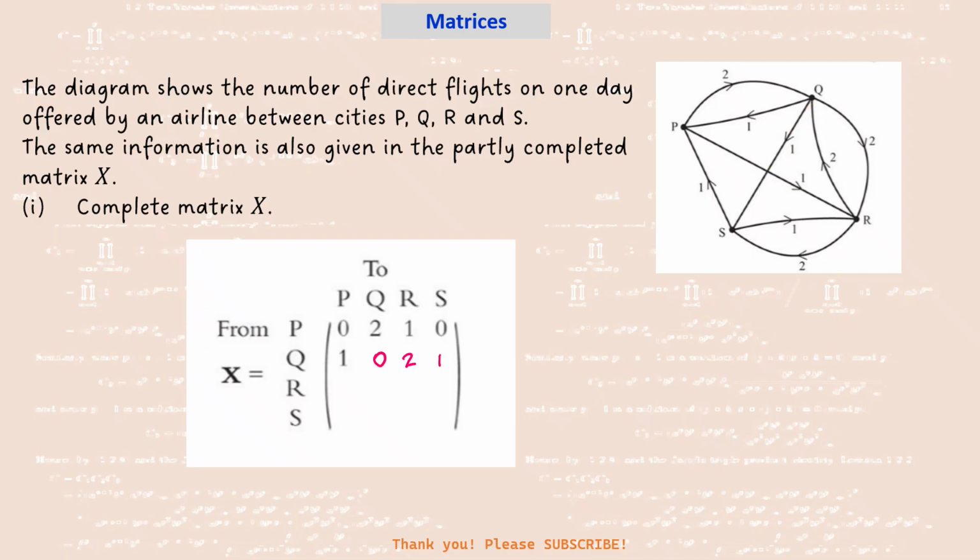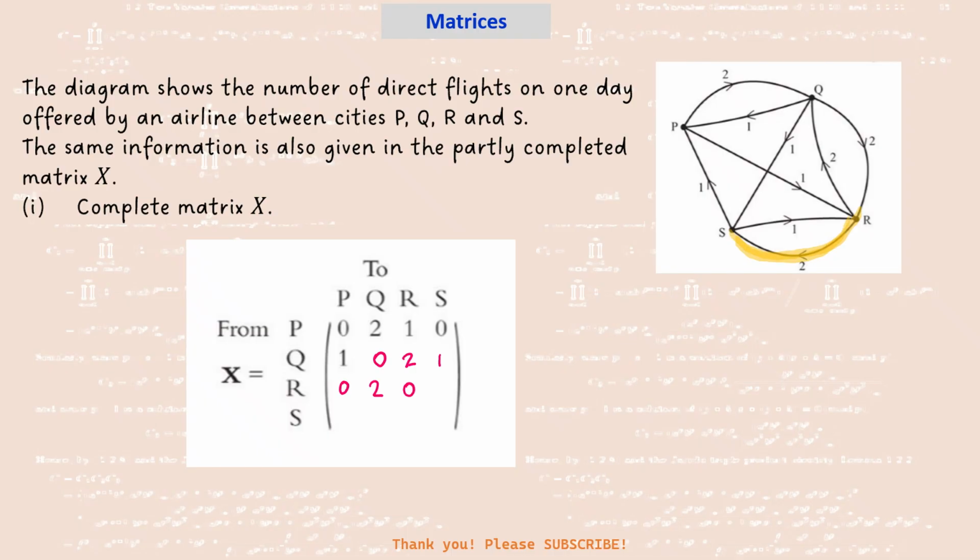Then R to P, so there is no direct flight from R to P, so R to P is 0, and R to Q is yes, so that's 2. So then R to R is 0, and R to S would be 2.